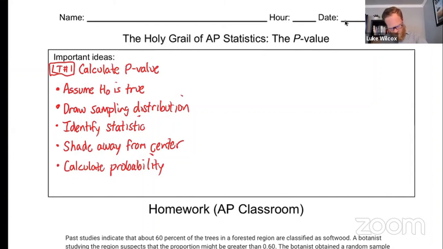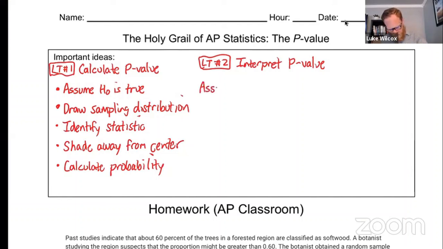Now, the second learning target, which I think happens to be the more important one, was not only that you could calculate a p-value, but that you could interpret the p-value. After going through 4 of these examples, you notice that it follows the same structure every time. So let's write that structure down here. You always start out with your claim that you are assuming to be true up front.